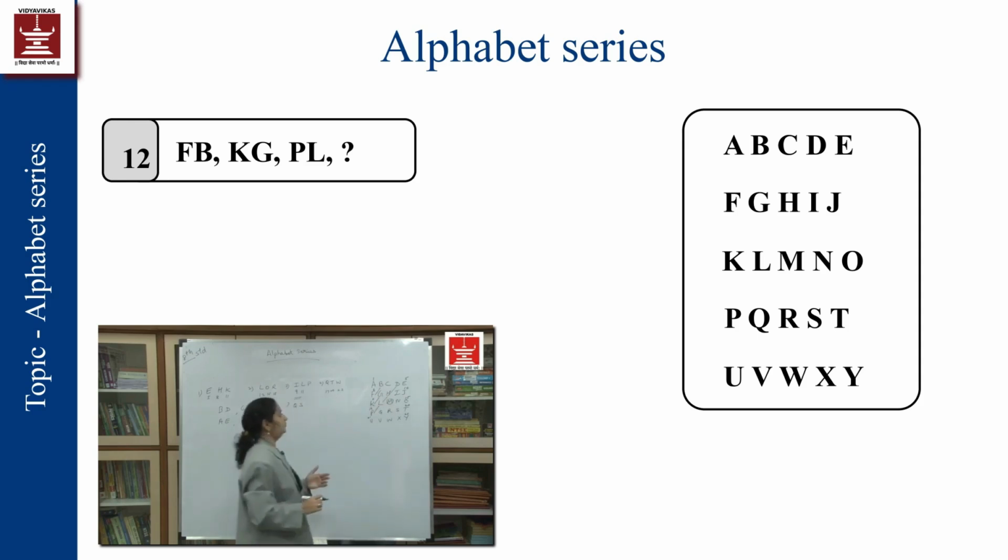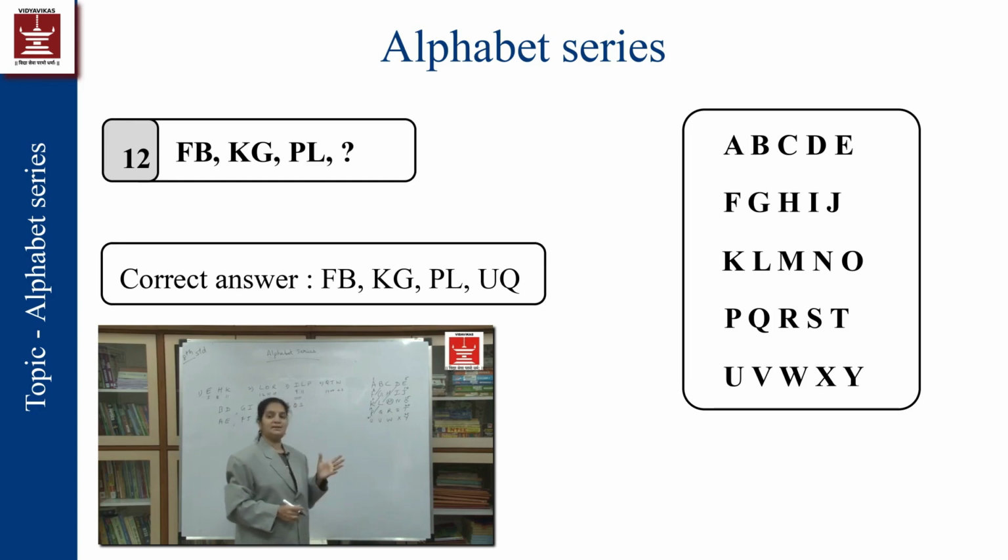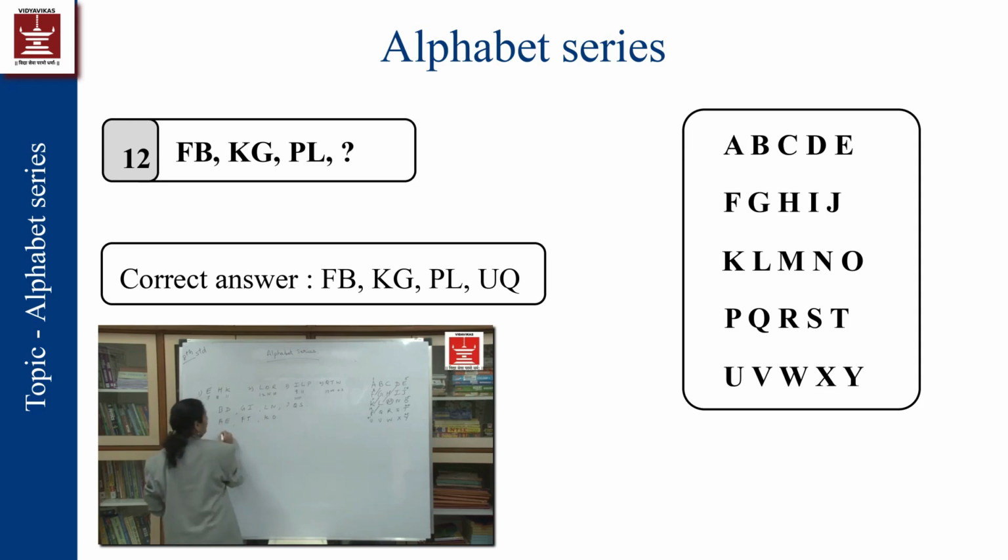If you go FB, KG and PL, these are the pairs that you have. So the next expected pair would be UQ. Okay. Now when you're writing the pair also, the way it is written has to be seen. Whether I'm writing FB or I'm writing BF. So in your options, you will be given two close options which may sound correct. For example, as we said, it is FB.